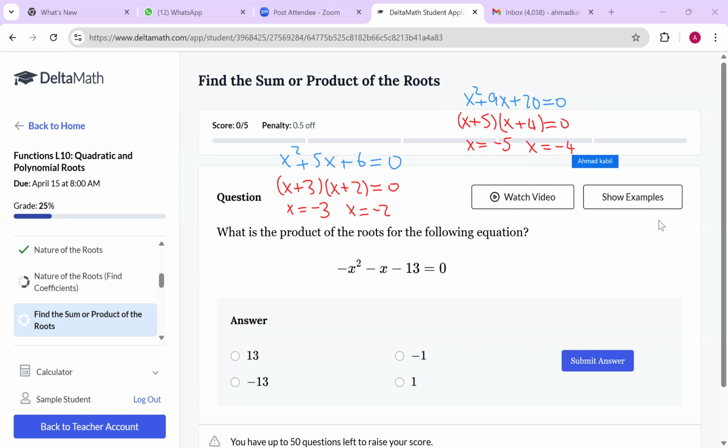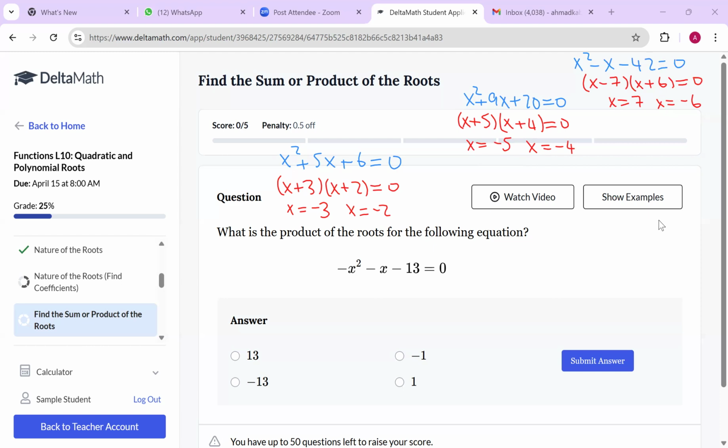Let's take a third example. So x squared minus x minus 42 equals 0. (X minus 7) times (x plus 6) equals 0. X equals 7, x equals -6.